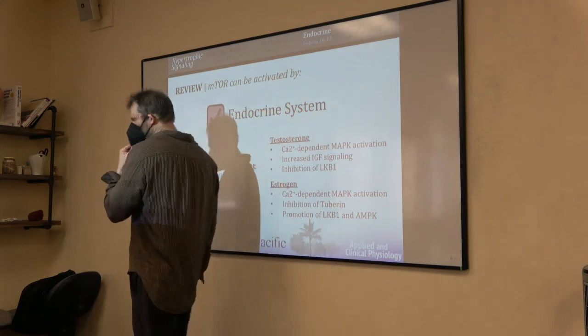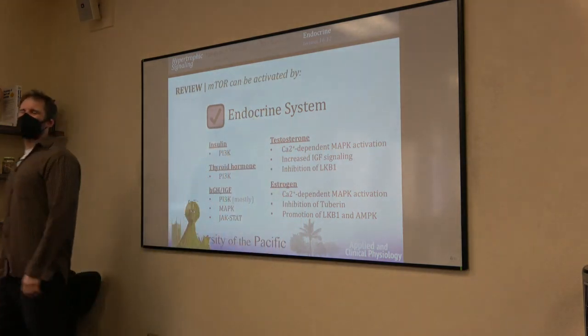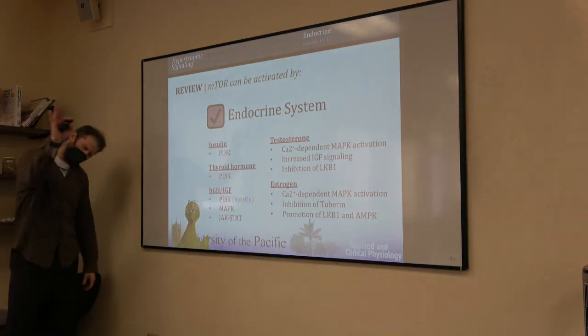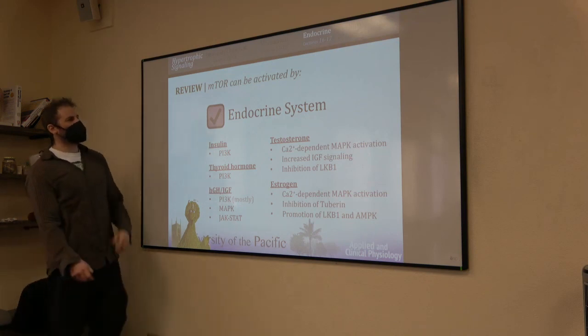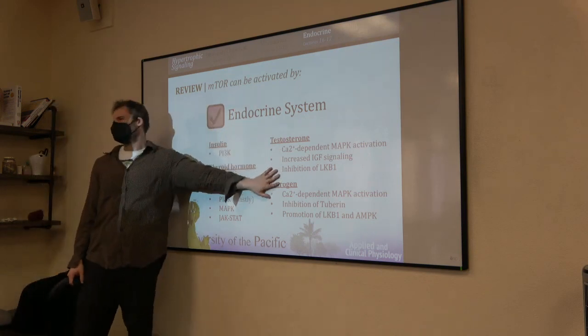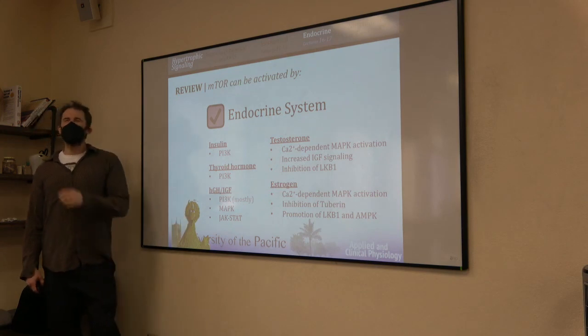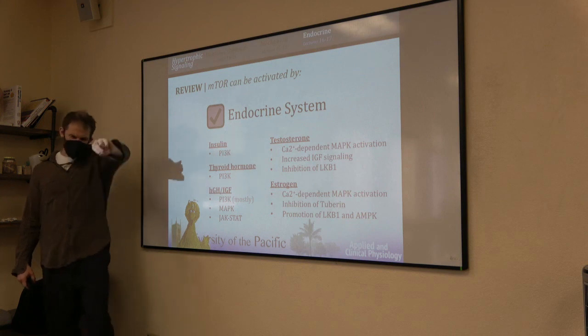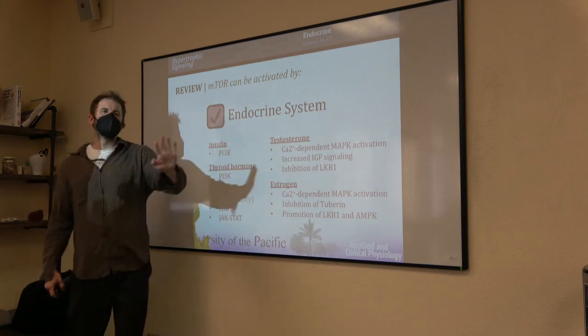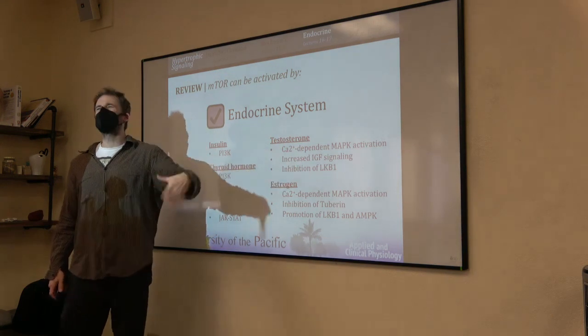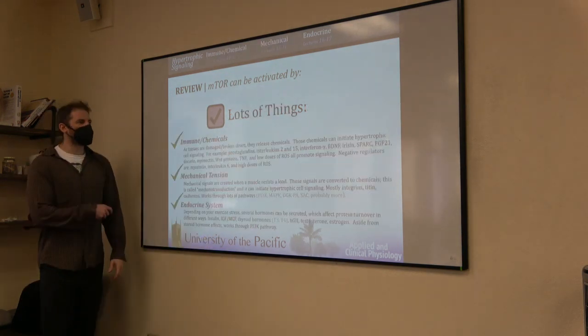But PI3K, PKB, that's really the effect of anabolism coming from the thyroid hormones with a little bit of parallel MAPK. So endocrine system, lots of things. And most of this effect, endocrine system with glands releasing hormones, inducing signaling cascades, it's a bunch of PI3K, PKB for the most part.